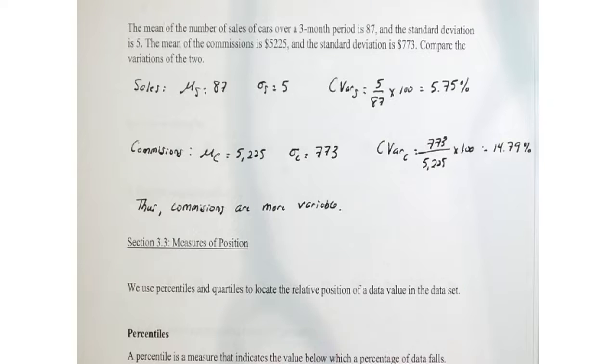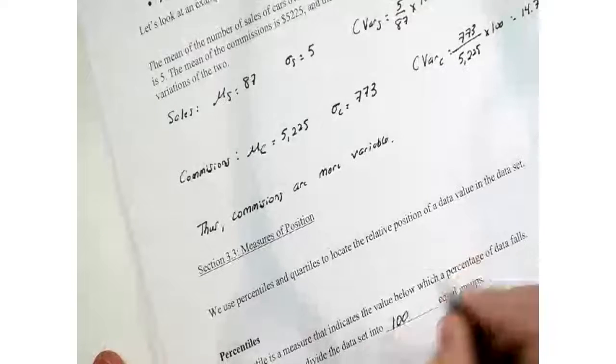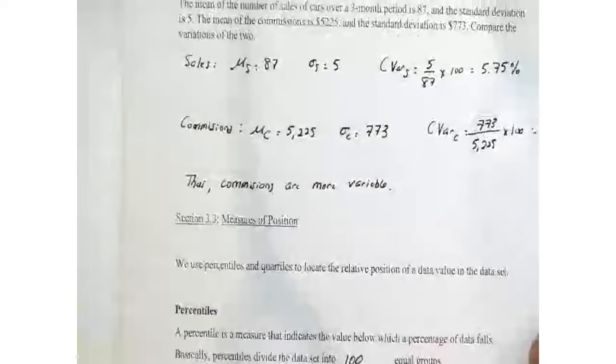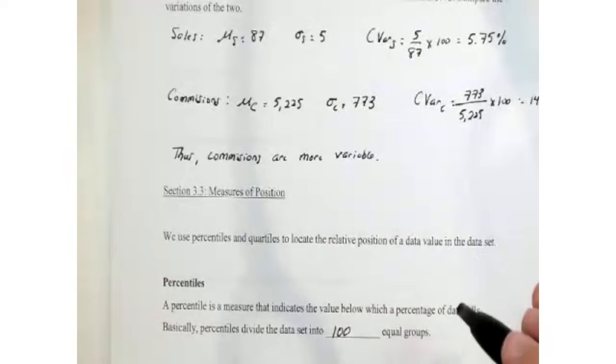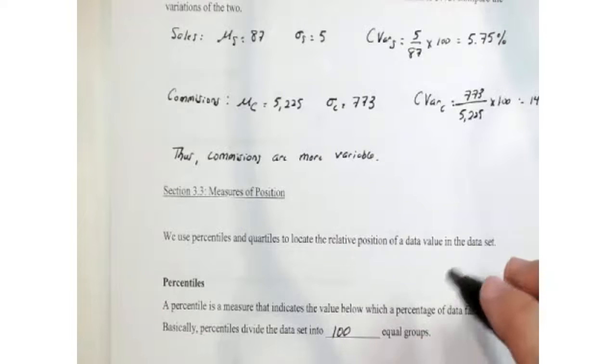For percentiles, we want to divide the data into 100 equal groups. A percentile is a measure that indicates the value below which a percentage of the data falls. Say we're up to a certain data value, we want to know what percentage of the data falls below that. That's the percentile.